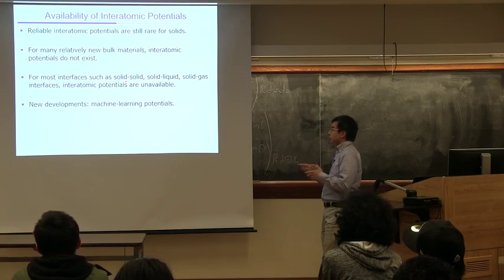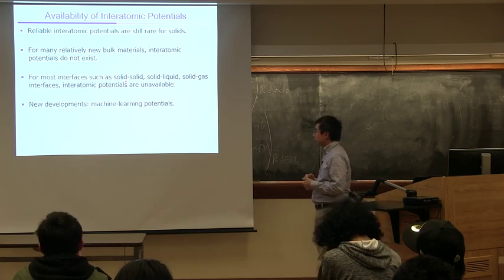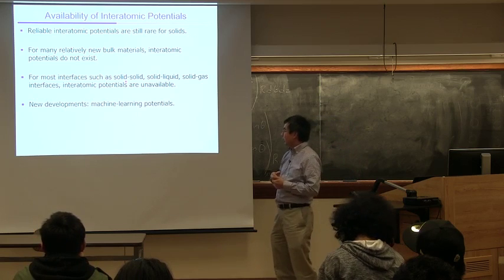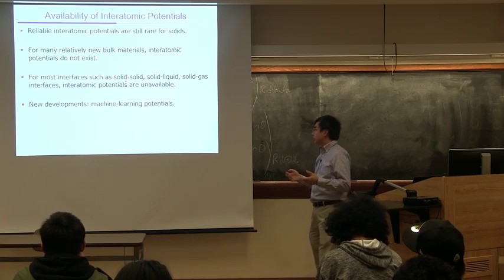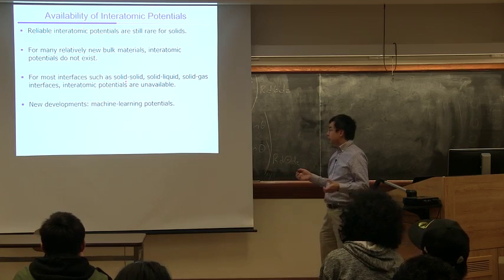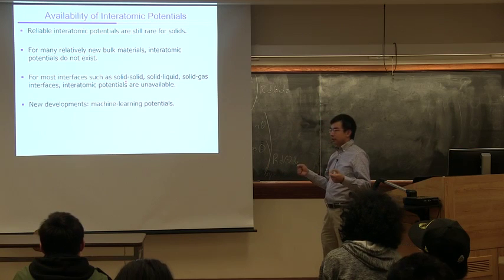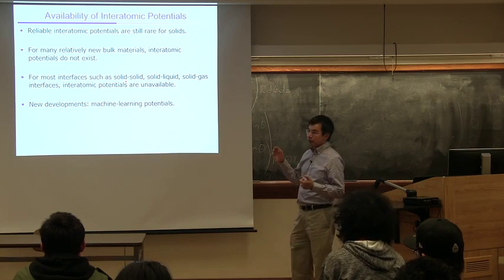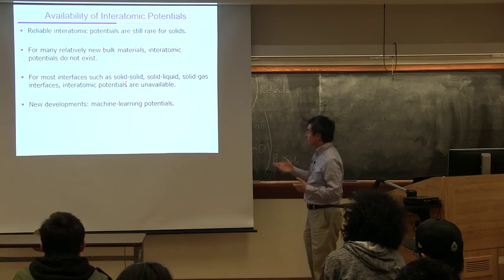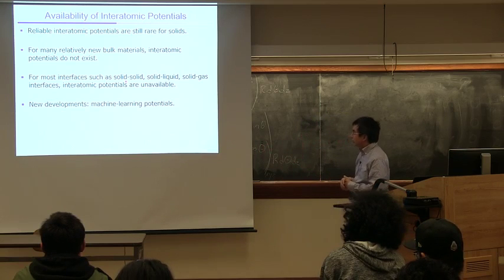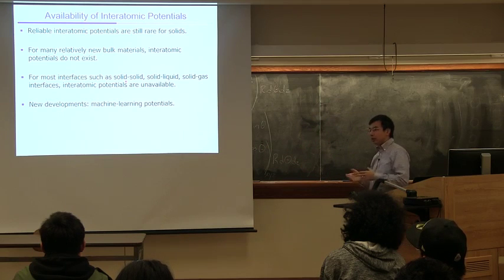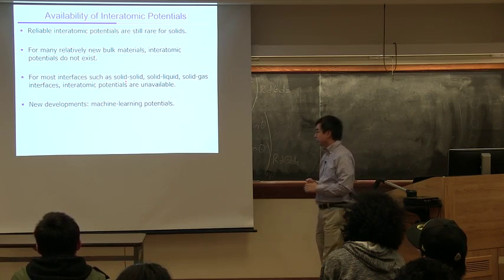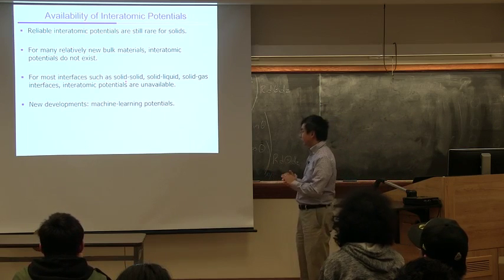That's for a single material, and what is even more challenging is interfaces, because now you can have two individual materials, and there are so many combinations, much more than just the number of single materials. So for those interfaces, the interatomic potentials are almost always not available. There are only a few available for the well-known or prototype interfaces.